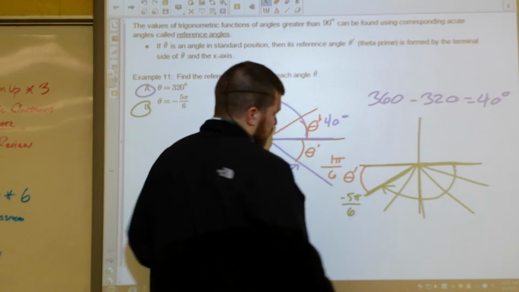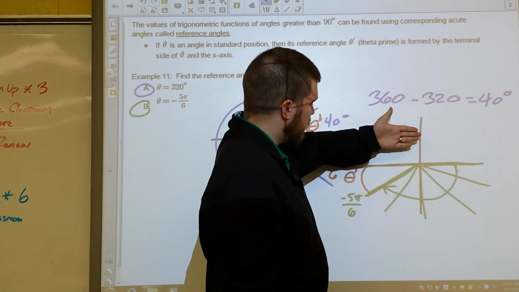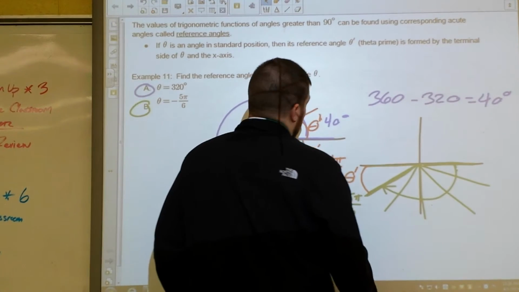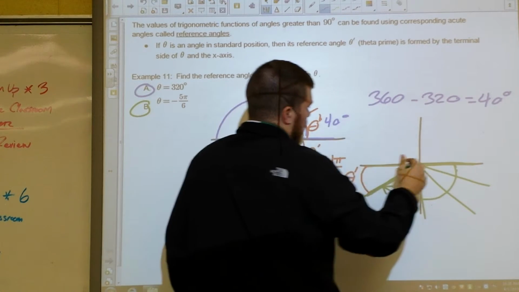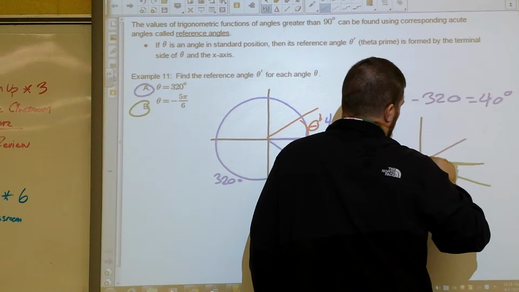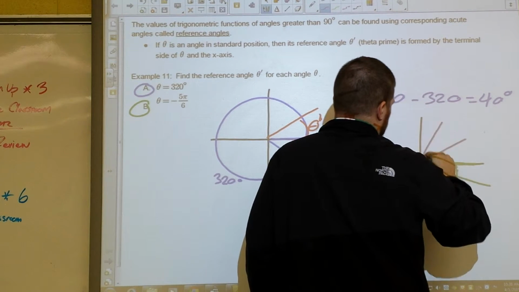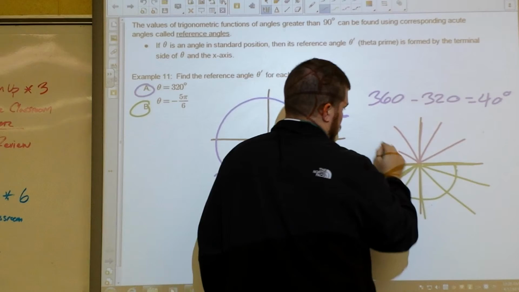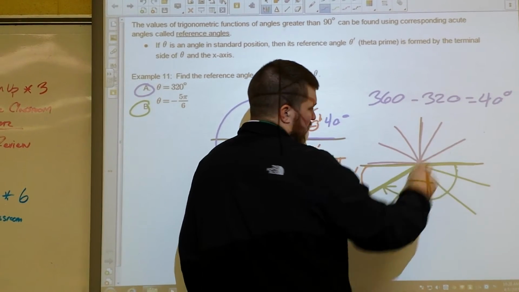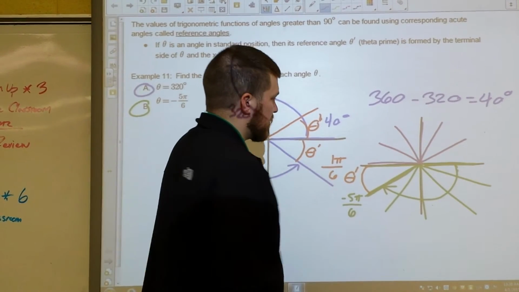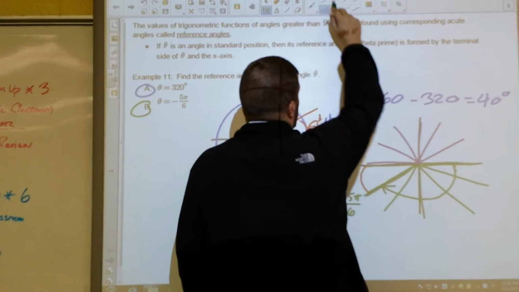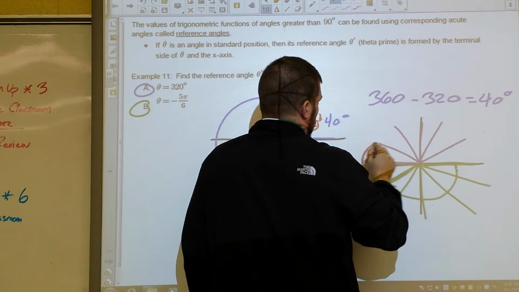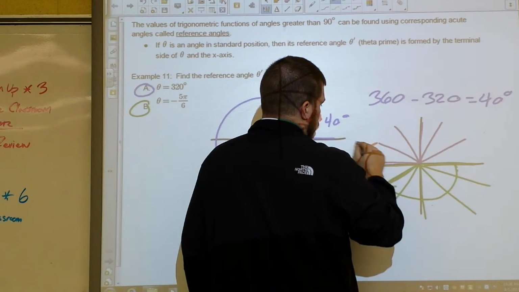However, if I fold my taco over, let's use a different color to represent that, then I want to think about it in positive terms. Again, I'm dividing the upper half of my circle into 6. So theta prime would be right here.